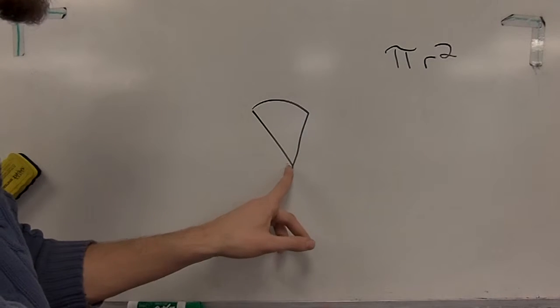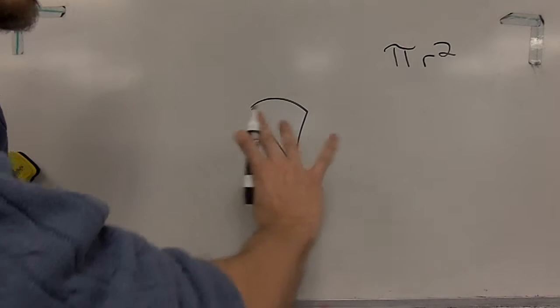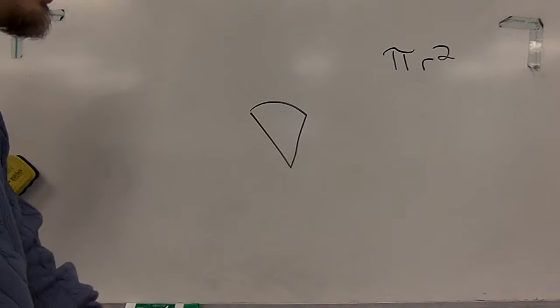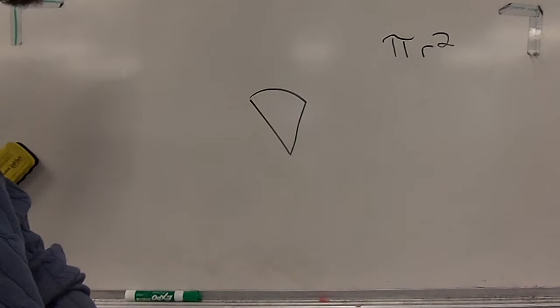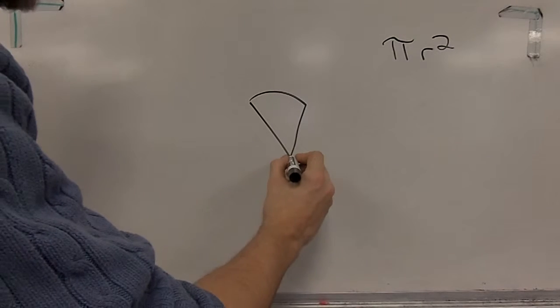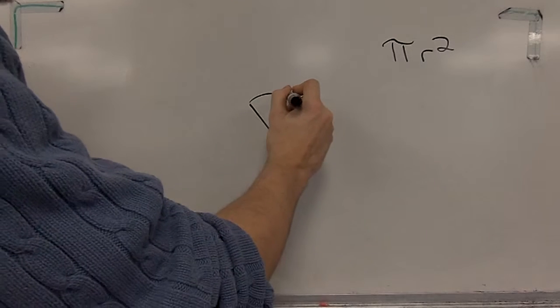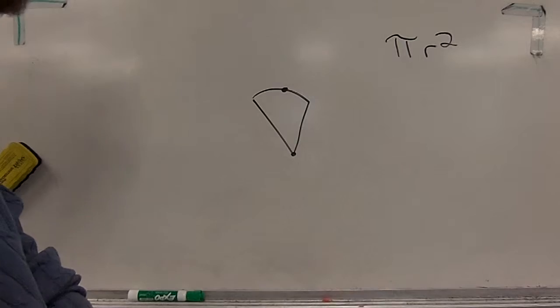Okay. And one thing I want to point out before I finish showing you what this parallelogram would look like is the height of this figure is going to be represented by a line that goes from this point here straight up to this point here.